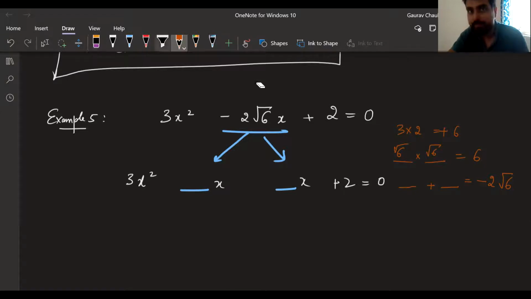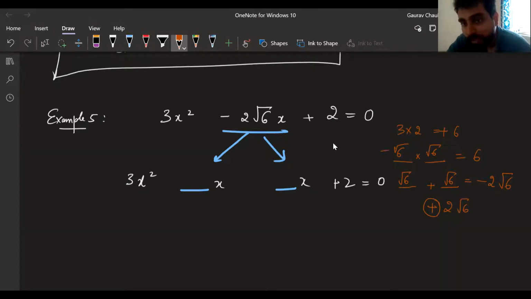Okay, a little alertness. But if I add root 6 plus root 6, I am not getting minus 2 root 6. I'm getting plus 2 root 6. So my brain is going, okay, root 6 plus root 6 will not work because the sign is coming as positive.